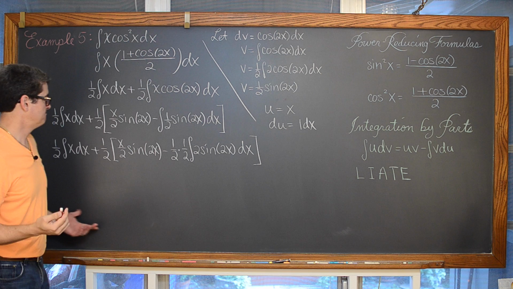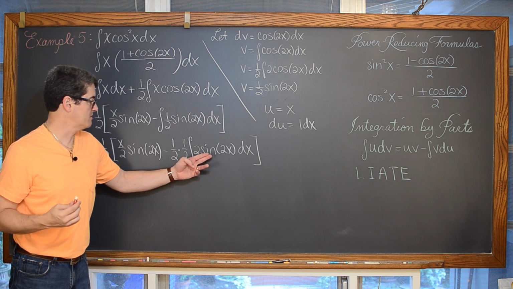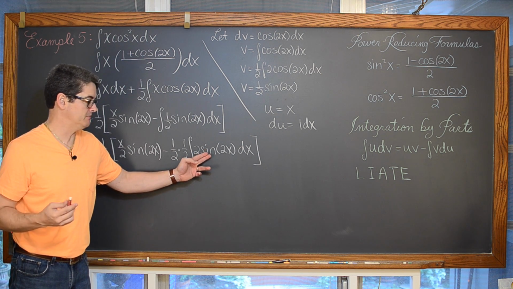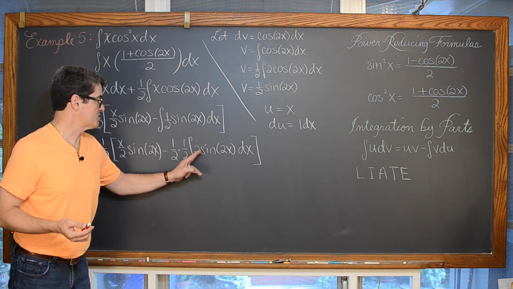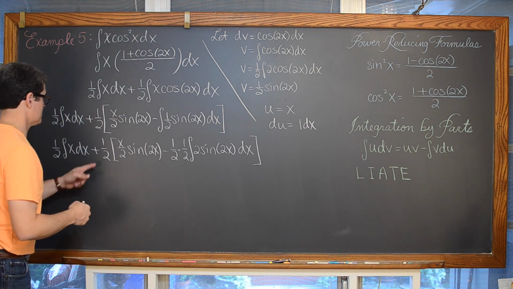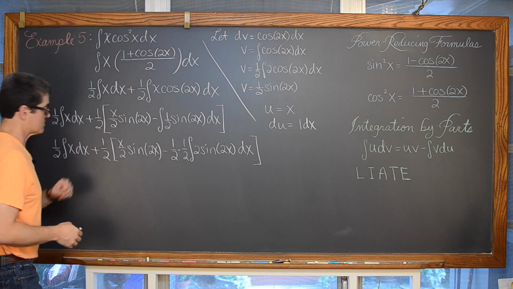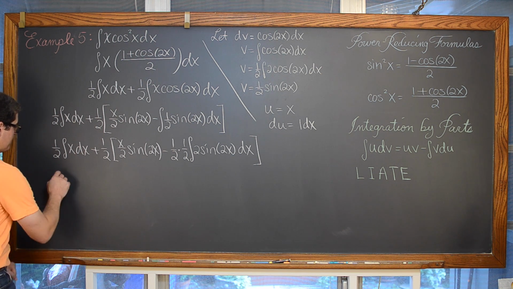And other than taking the integral of sine, which is negative cosine, because that chain rule is finished, I can pretty much just write the answer and then distribute the factor of 1/2 there. So we got 1/2.